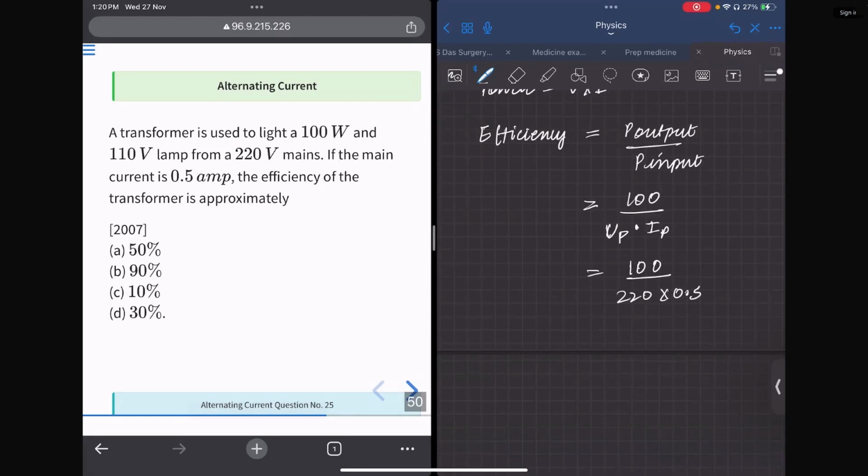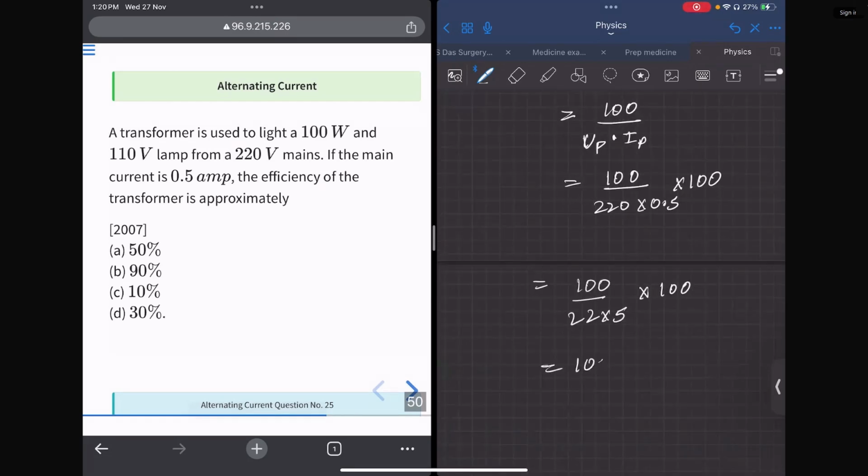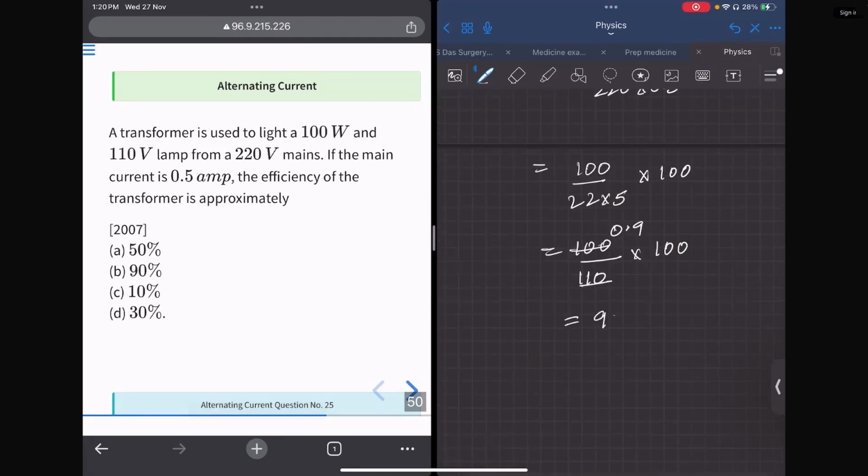We need it in percentage, so we'll multiply it by 100. So it is equal to 100 divided by 22 into 5 into 100, which is 100 divided by 110 into 100. It would come out as almost 0.9. So it is 0.9 into 100. So efficiency is what? 90%.